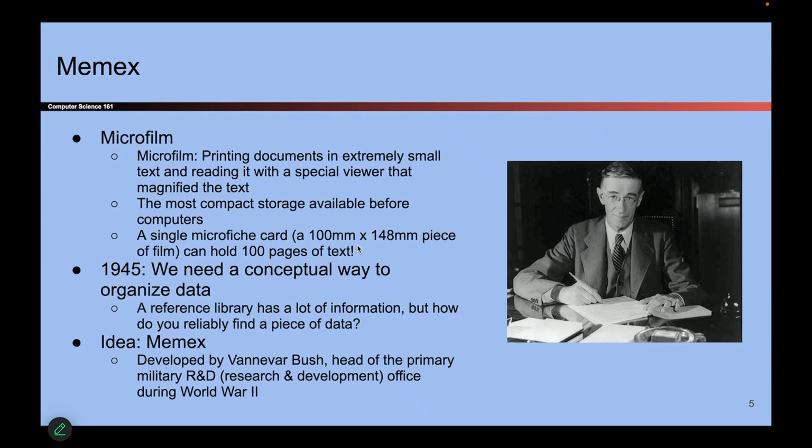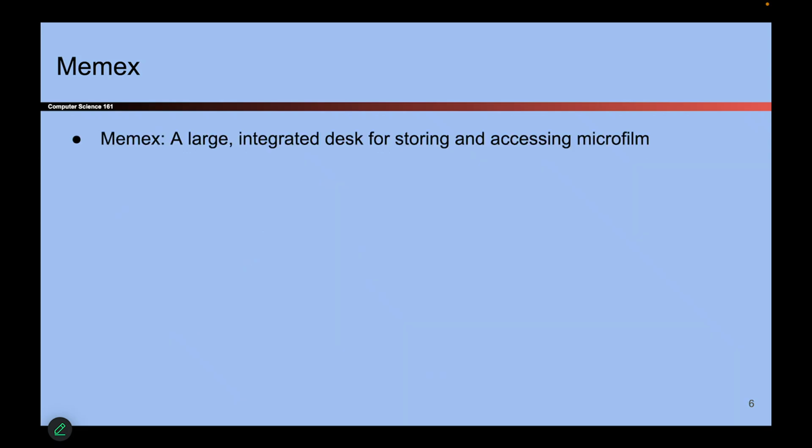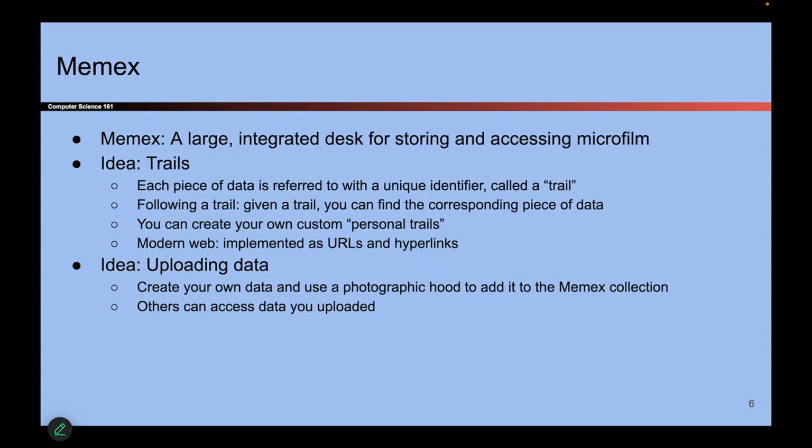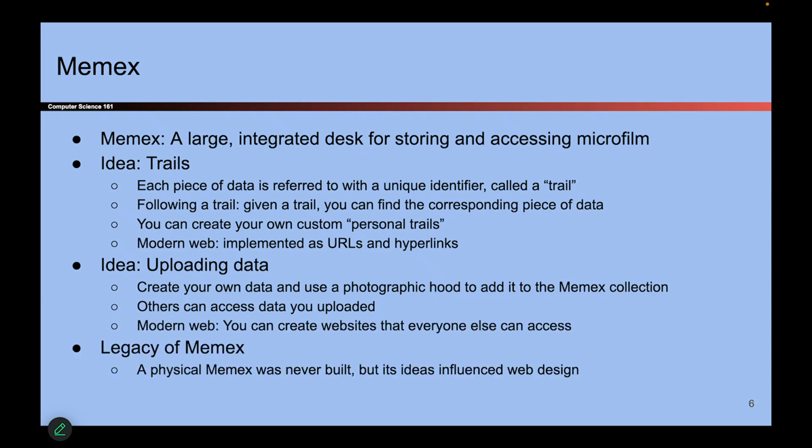You don't have to know what that is, but the interesting ideas from the inventions back then were trails and uploading data. These might look familiar if you use the web today. One thing they decided was that every card, every piece of information, gets a unique identifier. If I tell you that identifier, you can track down that card.